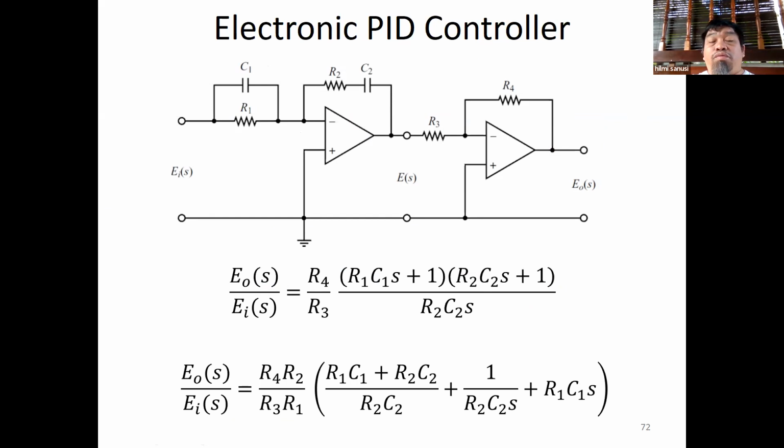Dia ada pro and con for this. So this is your, ini dah. Kalau tengok this is the ni dia punya KP, KI dengan KD.